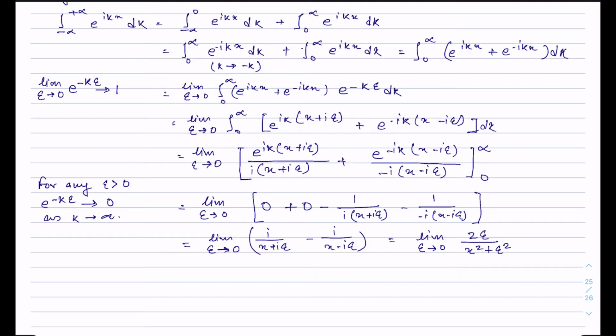So now this function, 2 epsilon by x squared plus epsilon squared, will take the value 0 when x is not equal to 0, and it will take infinity when x equals 0 in the limit epsilon tends to 0.